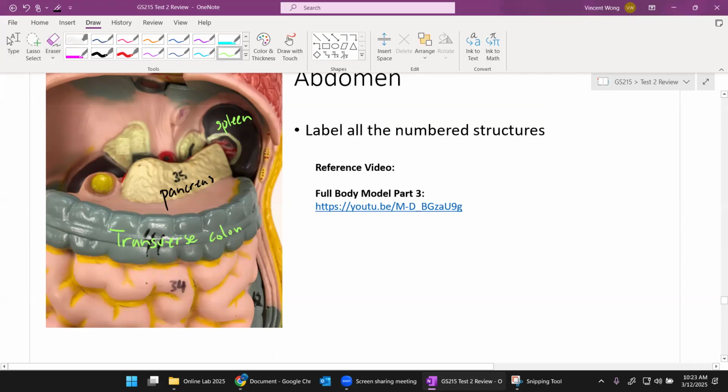Over here is the small intestine, second part, which is the jejunum. So the transverse colon carries the stuff across, and then it's actually going to come down here. So 42, that is the descending colon.